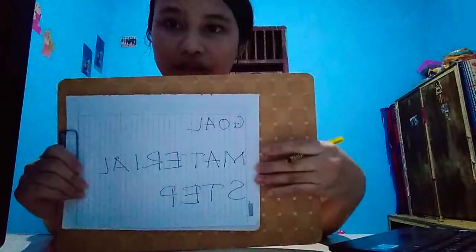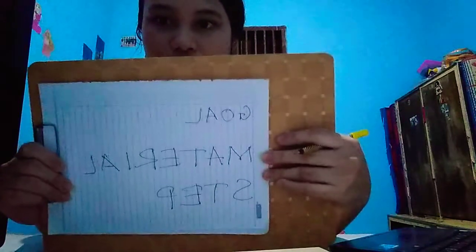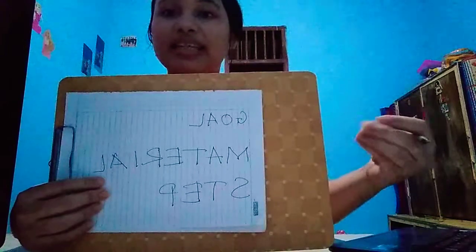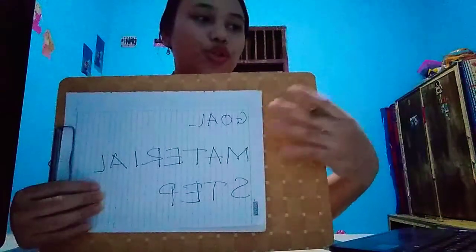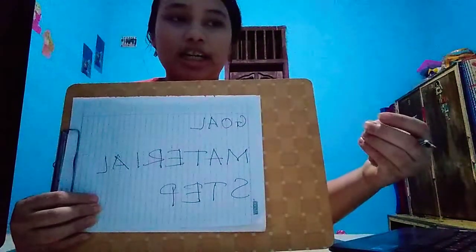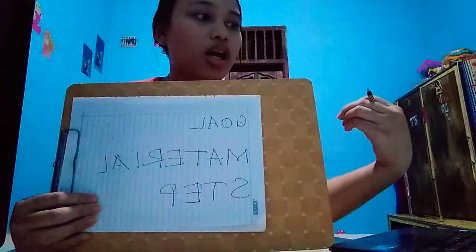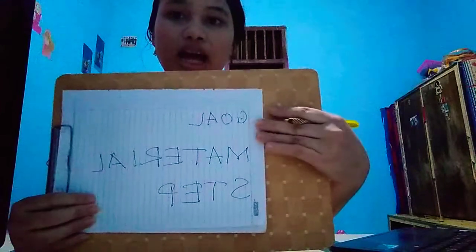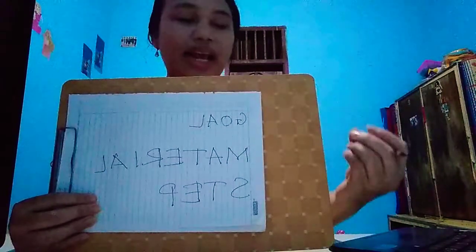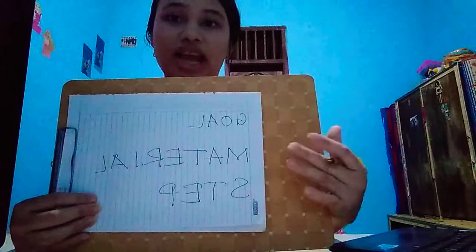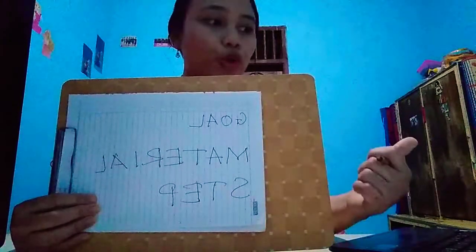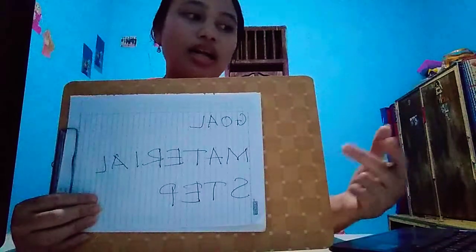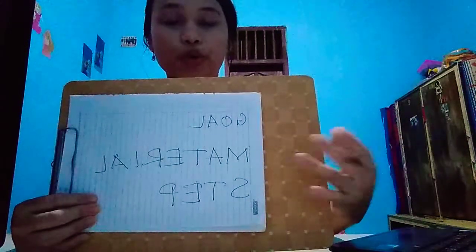And the second, material, you can see materials. Material is telling what is needed. Like if you want to make a cup of coffee, you must prepare the materials and ingredients like a spoon, coffee powder, hot water, a cup, and the last, a spoon.